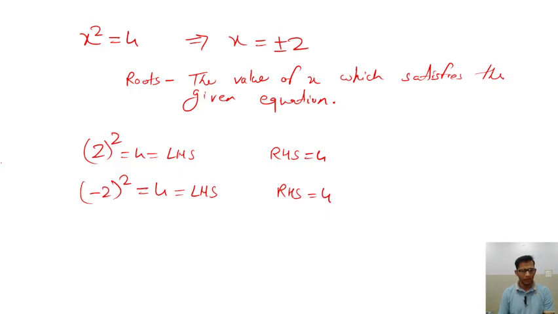Now there is one more question for you. If ax square plus bx plus c equal to 0 is a quadratic equation, then it is possible for which option?